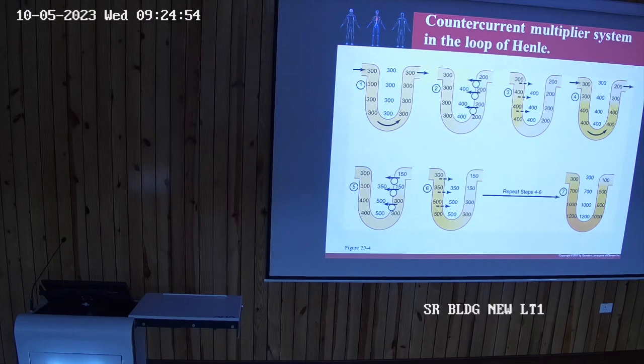Clear? But they are just the opposite picture. In loop of Henle, descending segment was responsible for reabsorption of water, just the opposite in case of vasa recta. Okay, but what vasa recta is doing is they are exchanging.